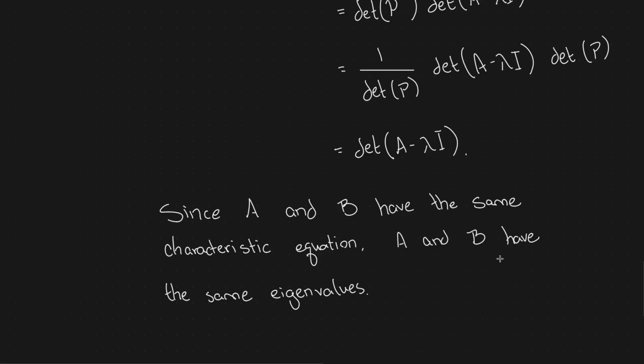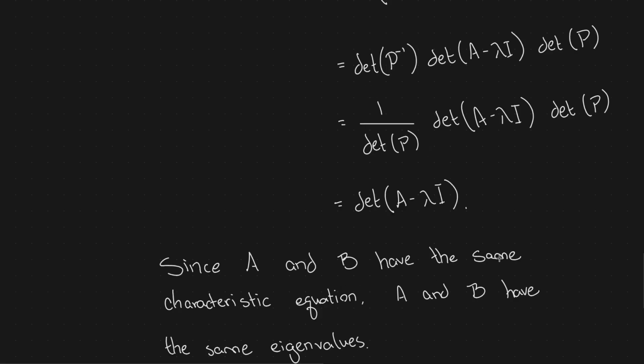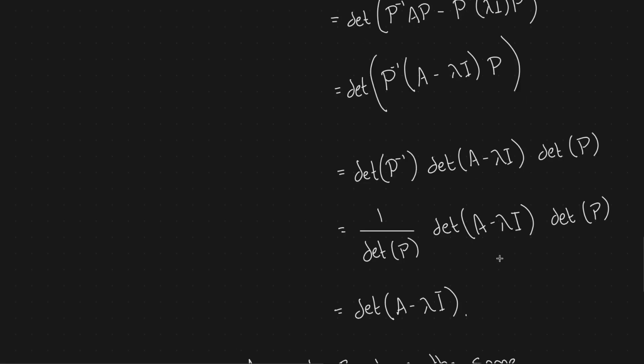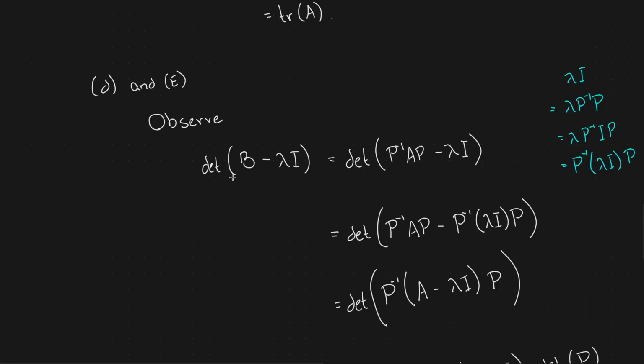The eigenvalues are just the zeros of the characteristic equation. If you have the same equation, you have the same solution to that equation. All right, and that's what we showed here.